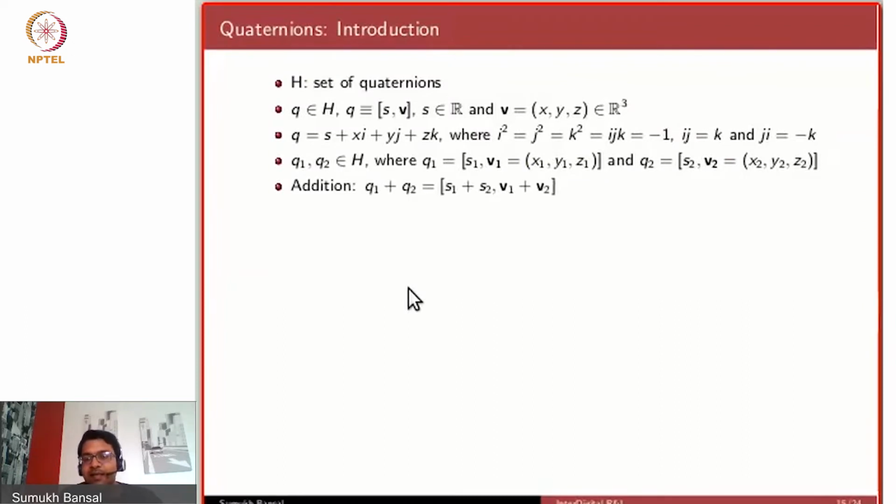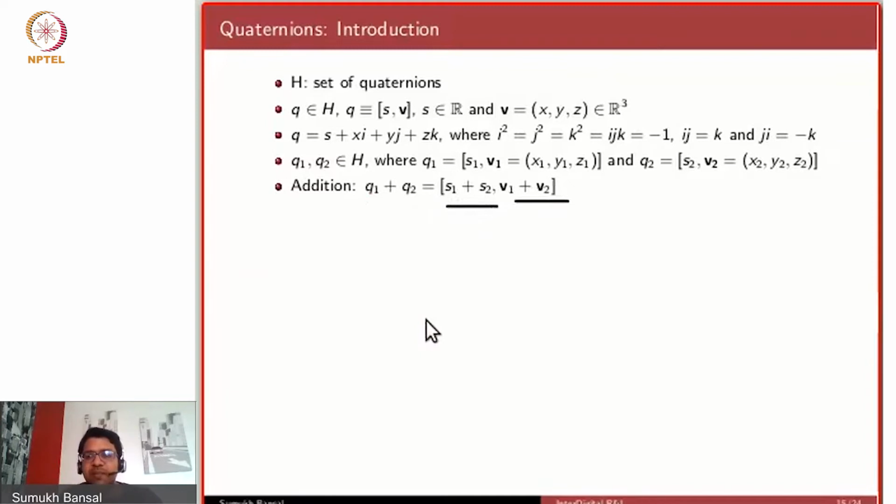So the addition is defined simply by adding the scalar component and vector component separately. So you add up the scalar components S1 plus S2, you get the scalar component for the added quaternion, and similarly for the vector part.